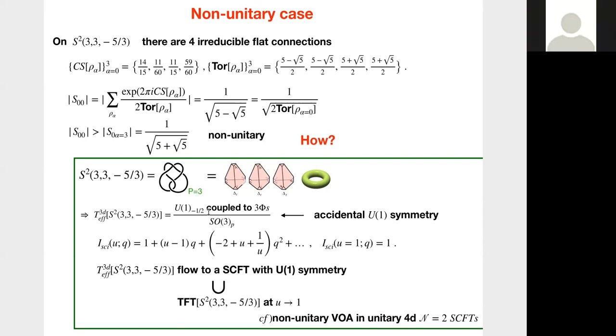A question here: is this U(1) symmetry always from this accidental symmetry? Yeah, I call this an accidental symmetry because it is not visible in the compactification of 6d (2,0) theories. Compactifying the (2,0) theory on a 3 manifold, we expect there's no abelian symmetry. But if you see this effective field theory description, then it sometimes has a U(1) symmetry which is manifest in the effective field theory description.